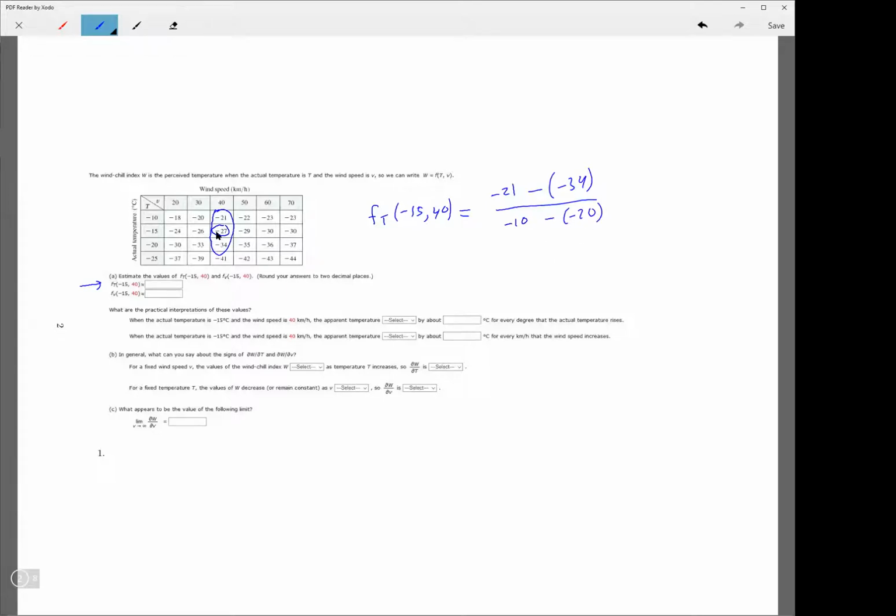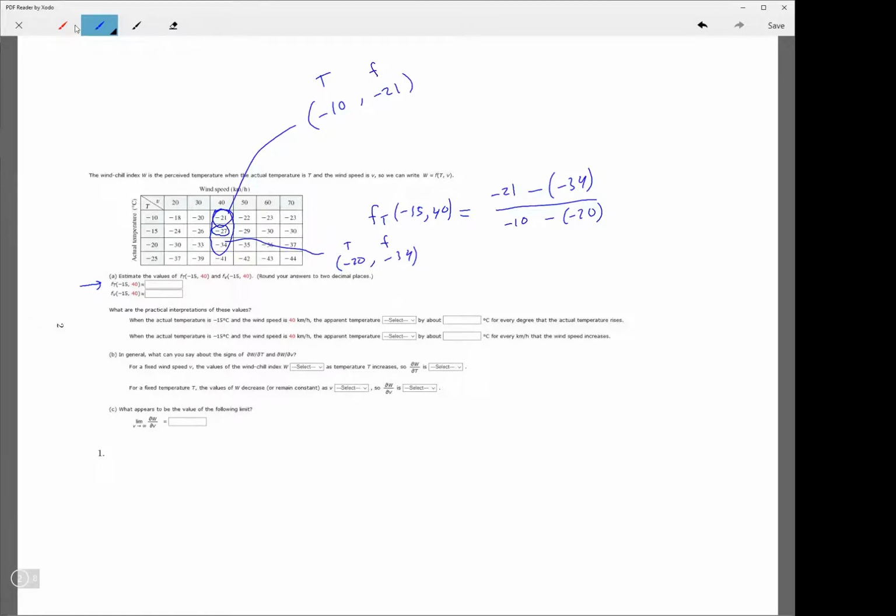In other words, this point corresponds to t is negative 10 and f is negative 21, and this point has t is negative 20 and f is negative 34.